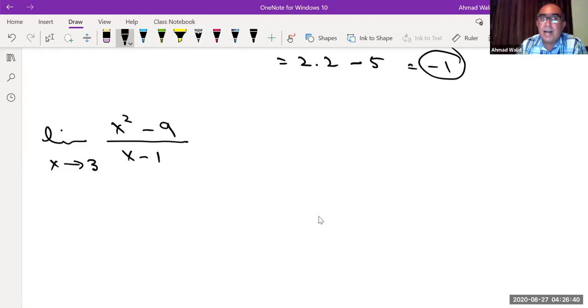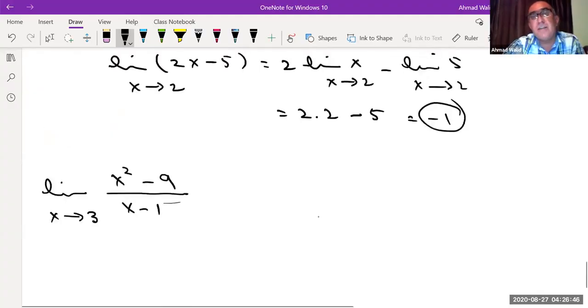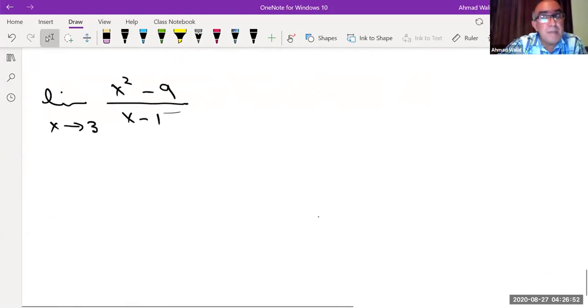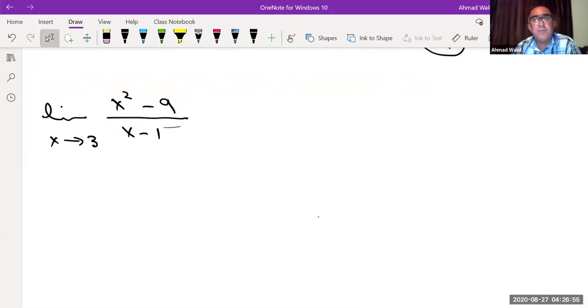But here, can I use direct substitution? As you saw in the definition, if it's a polynomial or rational function, yes, I can use direct substitution. You may, but you have to check and make sure that this given number, as x approaching 3, is in the domain of this function.